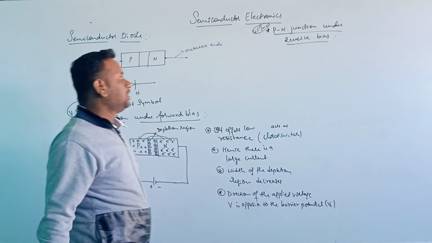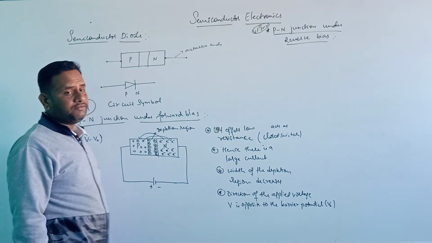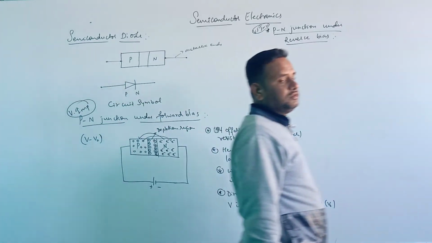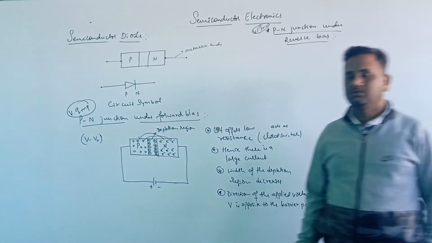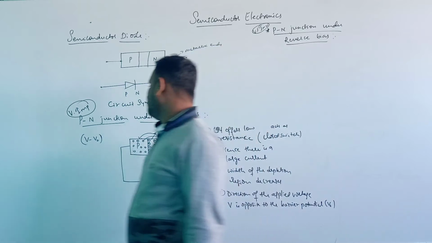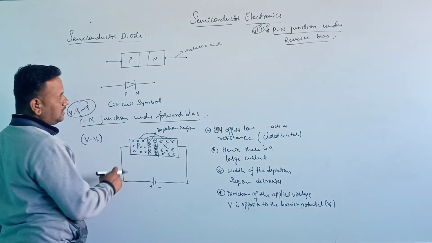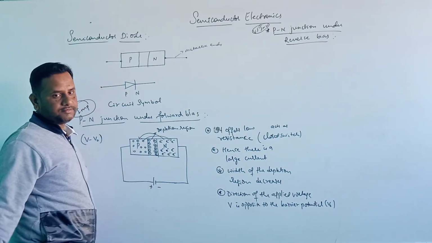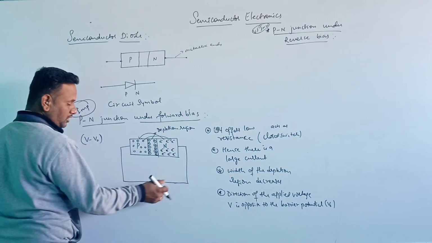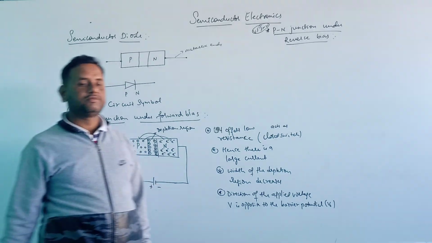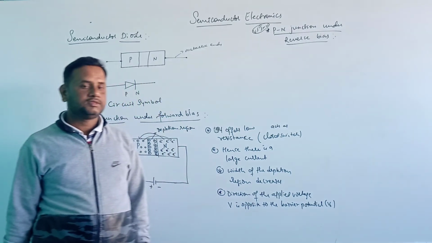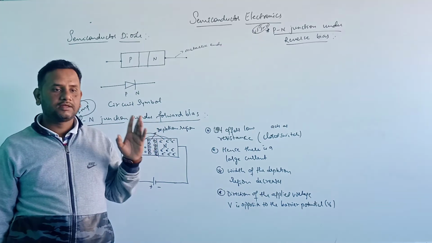Now, when can we say that the PN junction is under reverse bias? When the P side is connected to the negative terminal of the battery and the N side is connected to the positive terminal of the battery, then it is said to be under reverse bias.